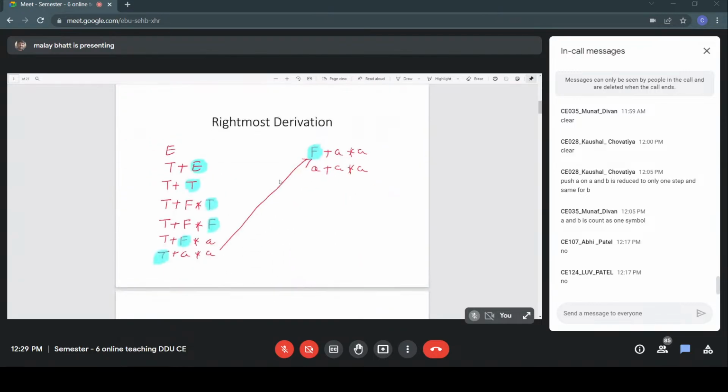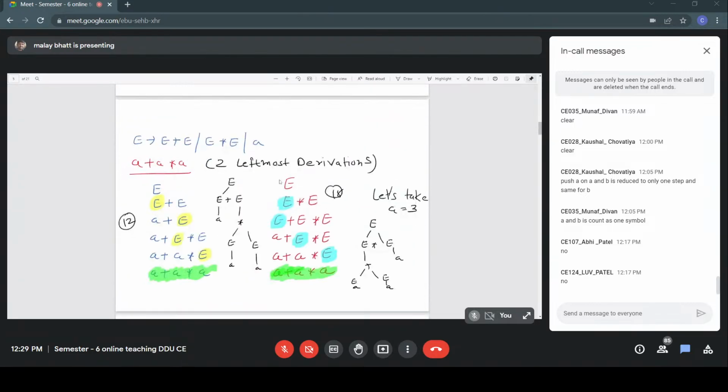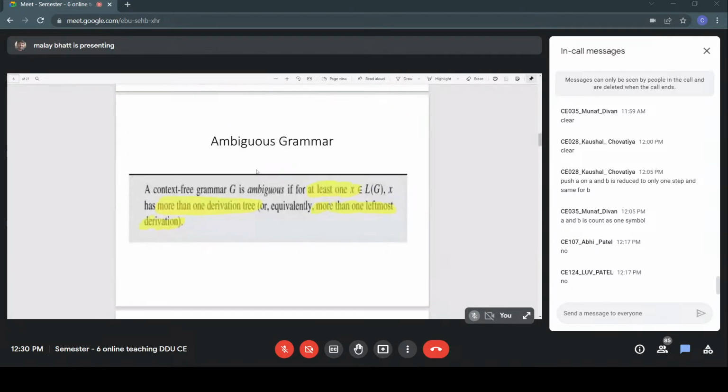But for the same expression, if we use this grammar, E gives E plus E or E into E, then we get two different leftmost derivation trees. So this grammar is the ambiguous grammar. I hope the definition is clear. Any query in the definition?